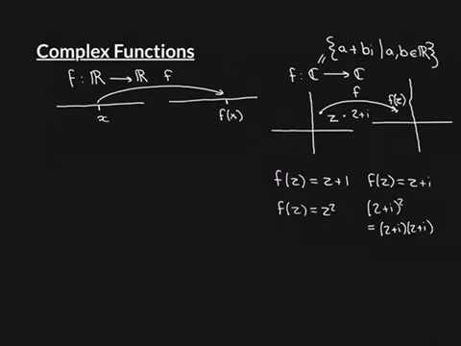Then you can use, in this case, the left distributivity law and rewrite this as 2 plus i times 2, plus 2 plus i times i.